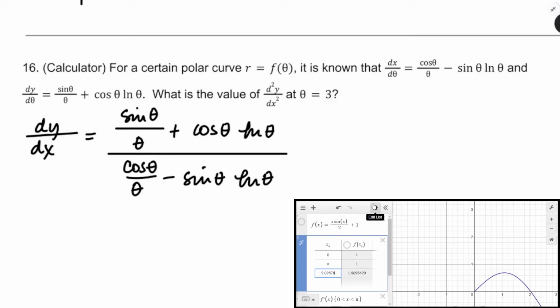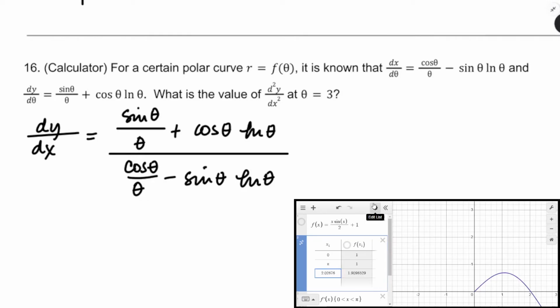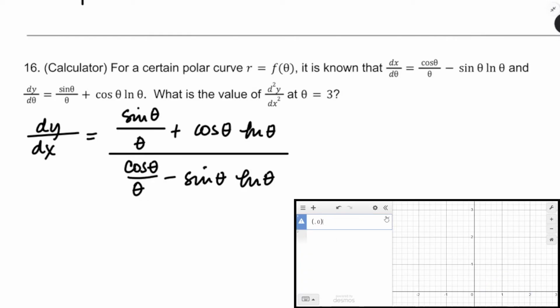And if you look closely, you can probably see what the original f of theta would be, but that's not really all that relevant. Okay, we're really going to need to leverage the calculator for this, so I'm just going to clear out everything. What we want to do is take the derivative of this and then divide by dx d theta. So I think we would be wise to define f of x, g of x, and h of x. Okay, but I'm not going to write that down.